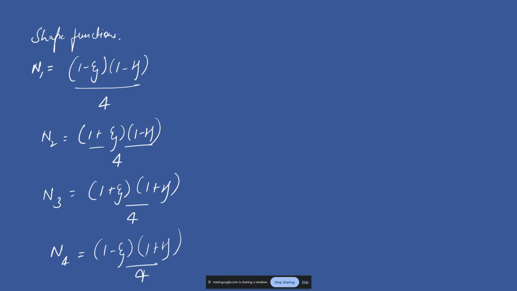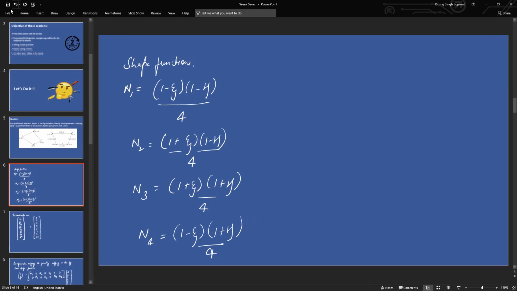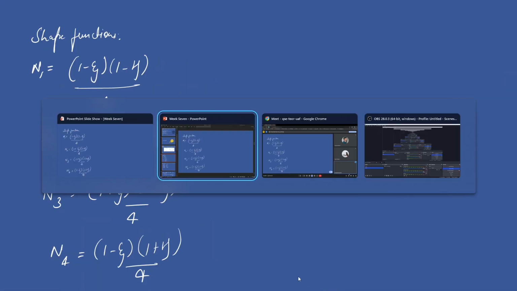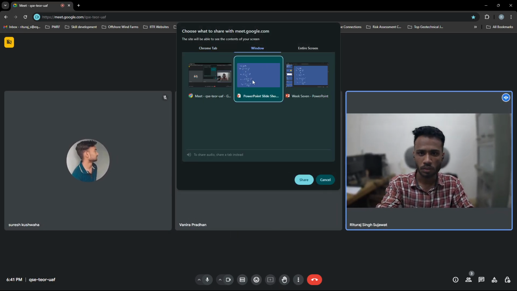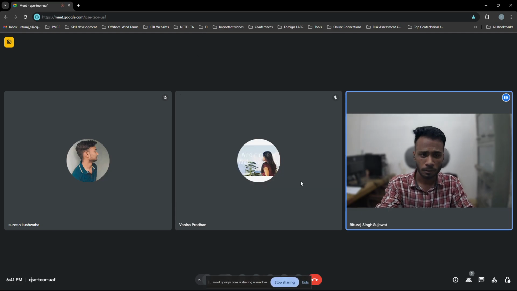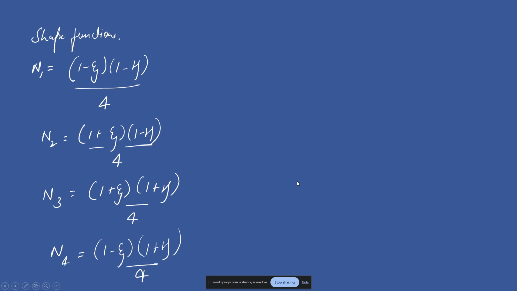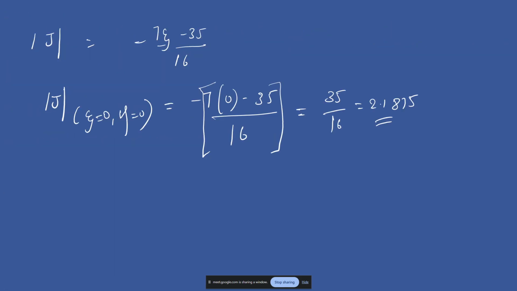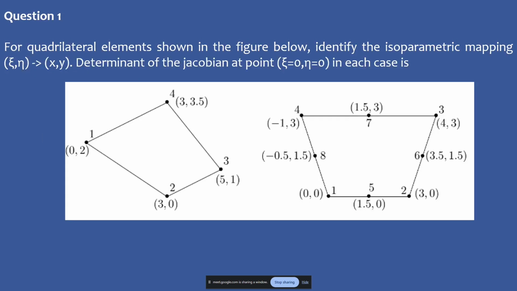So that was for the 4 noded quadrilateral element. Now let's move to the other part, where you have an 8 noded serendipity element.